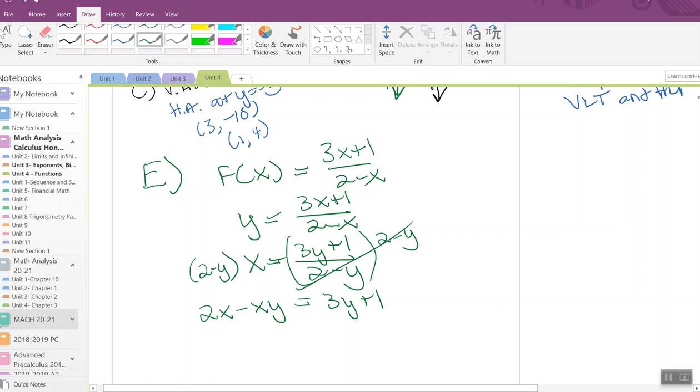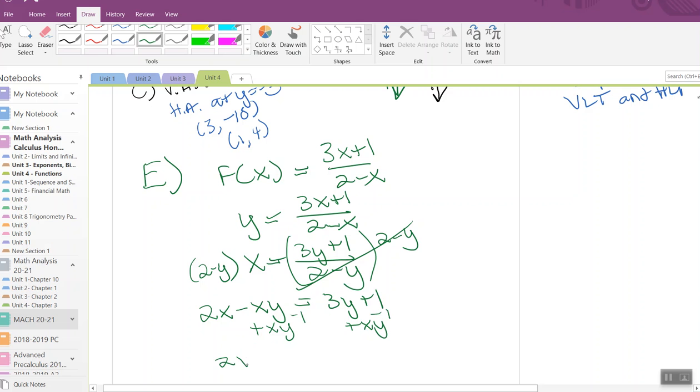Then I want to get all the x's on one side and all the y's on the other. Actually, I'd want to get everything with a y on one side. So let's move this xy over, and then we'll move the 1 over.